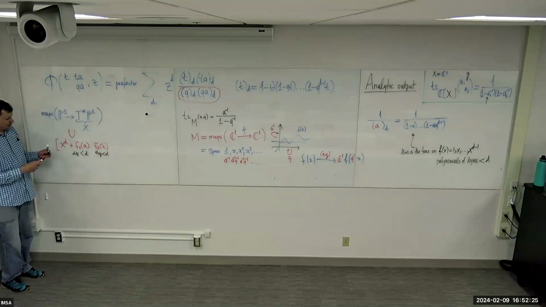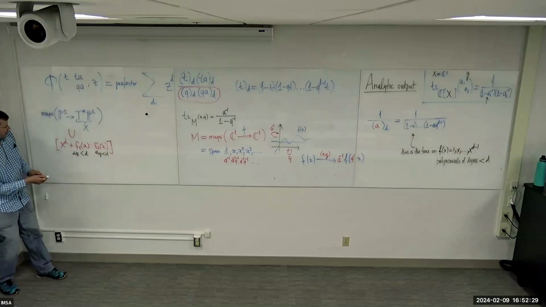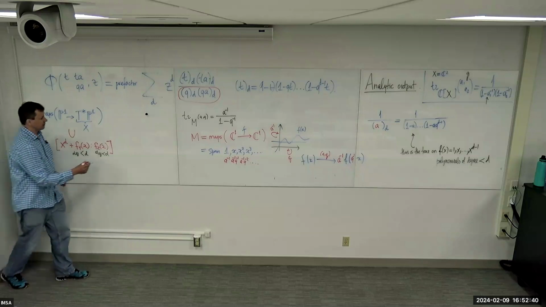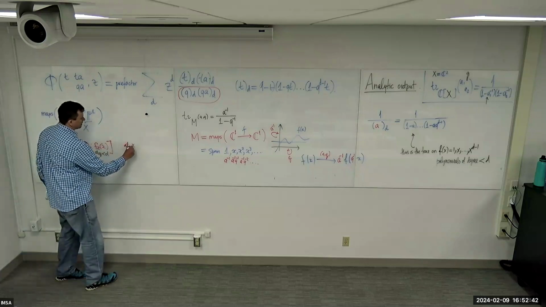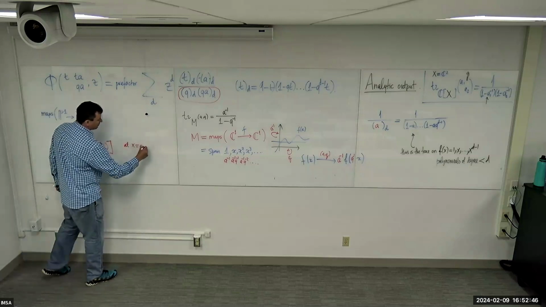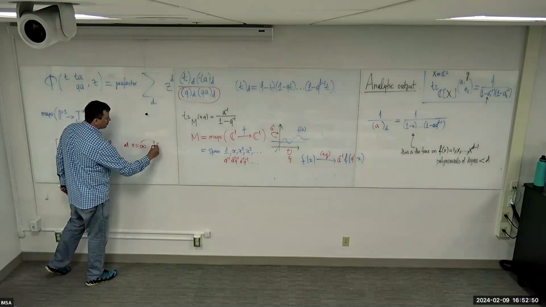When I think of maps to P1, I fix the value for x at infinity. I fix the value to be 1 and 0. So if x equals infinity in this P1, I want it mapped to the point 1.